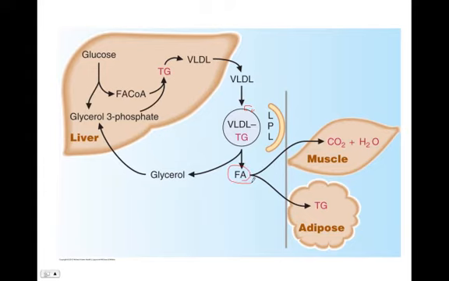The fatty acids will then move into both the muscle and the adipose, and in the muscle they'll be oxidized, whereas in the adipose they're recombined to form triacylglycerols. The glycerol released in the hydrolysis of triacylglycerol will be recirculated back to the liver.